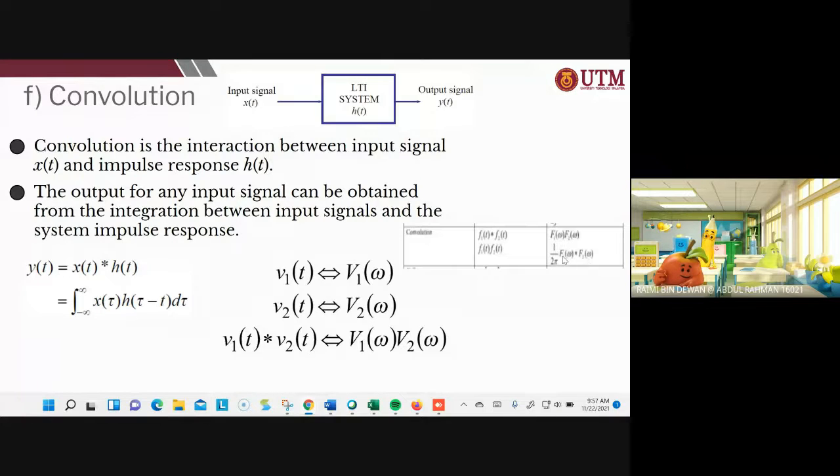Now, why is the frequency domain a convolution? This was shown to you in the previous properties. I hope you can relate why F1(t) times F2(t) results in convolution in the frequency domain.